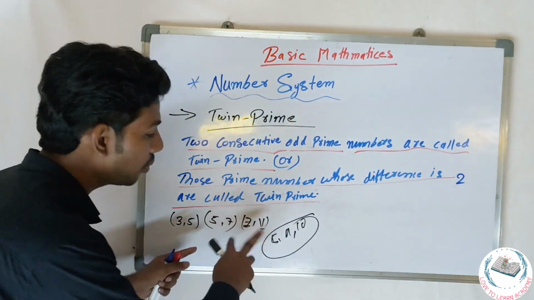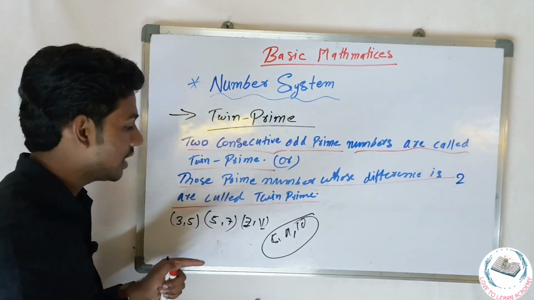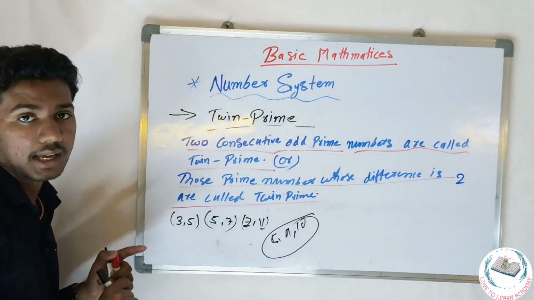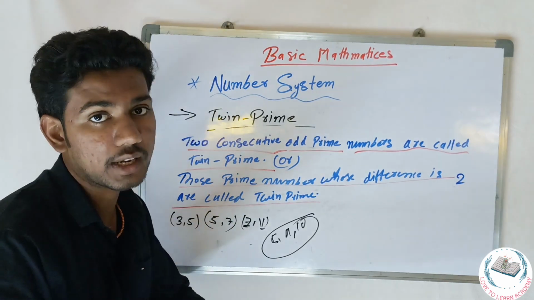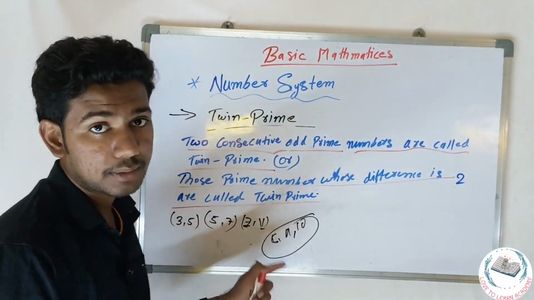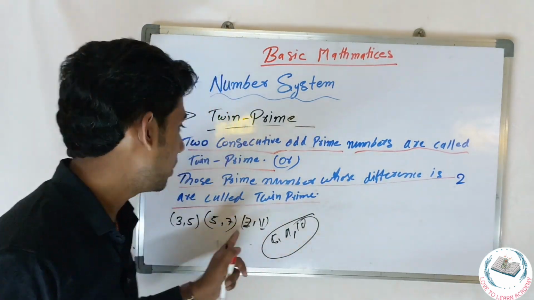When between two primes there is a gap of one number, that is known as twin primes. If there is more than a one-number gap, like two, three or four numbers, those are not twin primes.